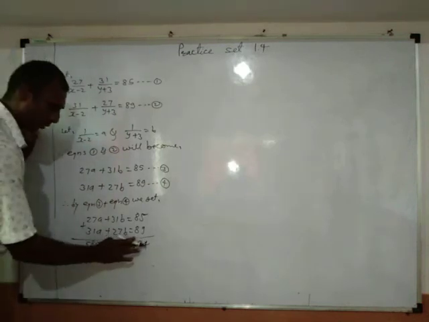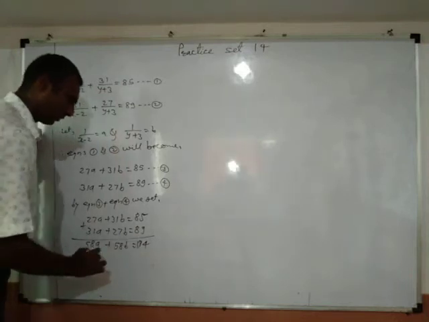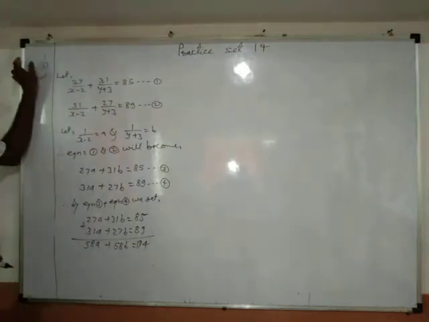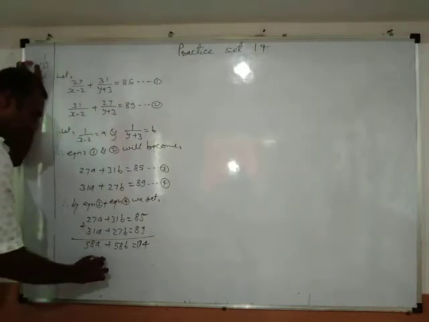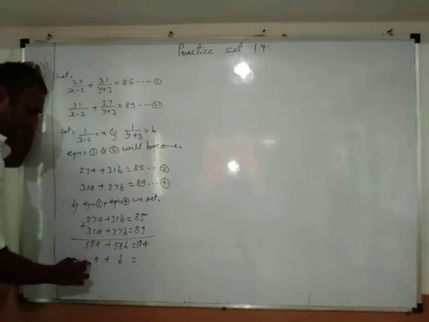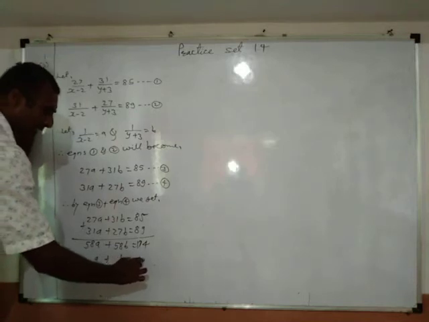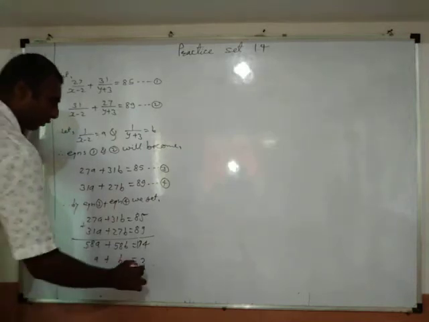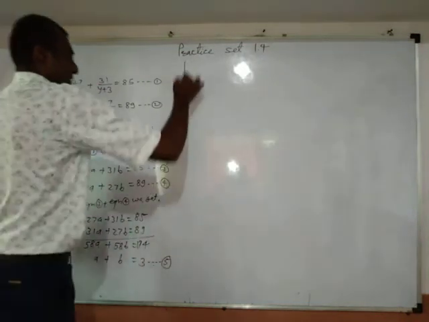So 174 is a multiple of 58, the third multiple of 58. Dividing both sides by 58, we get a plus b equals, 58 ones are 58, 58 threes are 174, so 3. Let's call it equation 5.